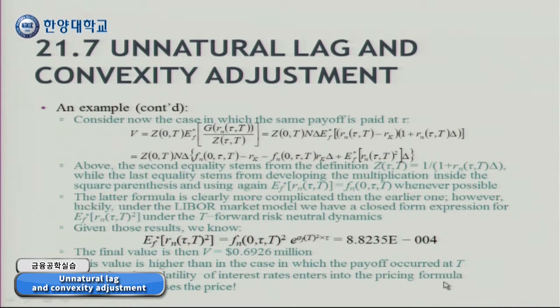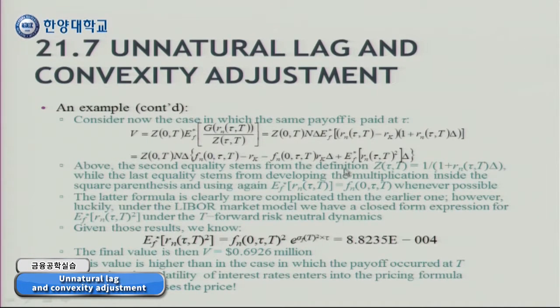And then we have the interest part. Note the volatility of interest enters in the pricing formula. Right? We have volatility for the rate. Remember, the cash flow is a linear function of the interest rate. But the question is, how come we have volatility? Everything occurs because we have the square term.